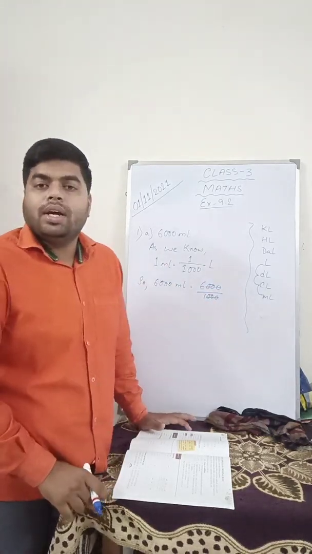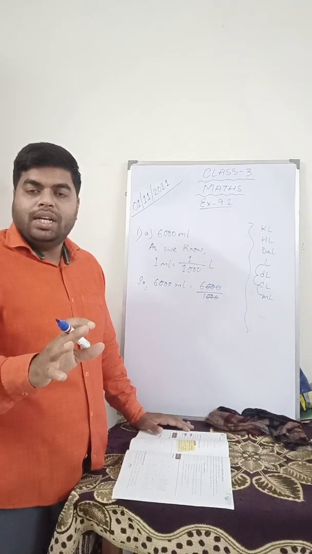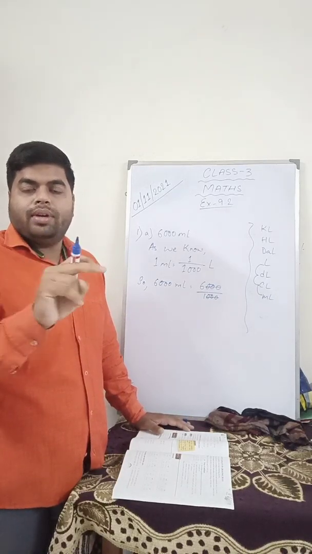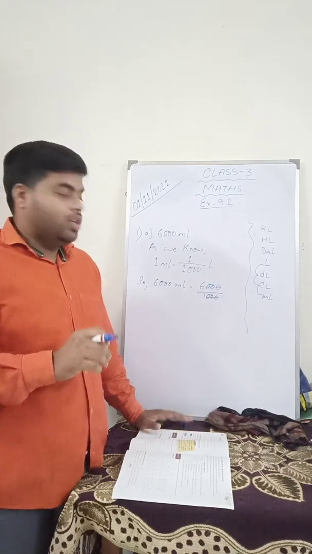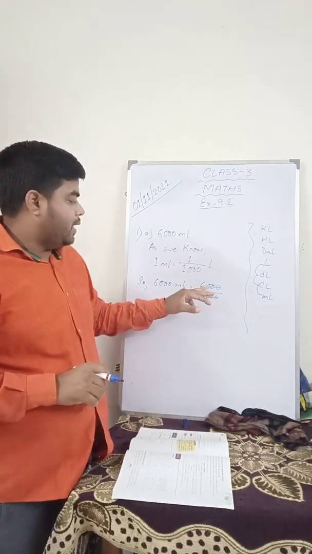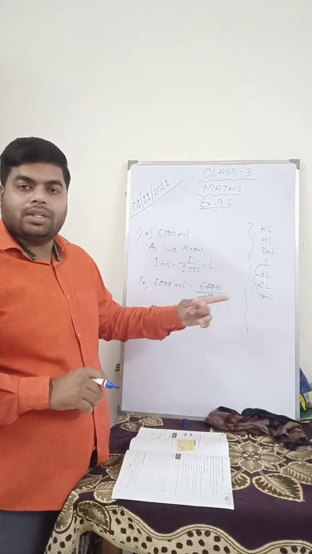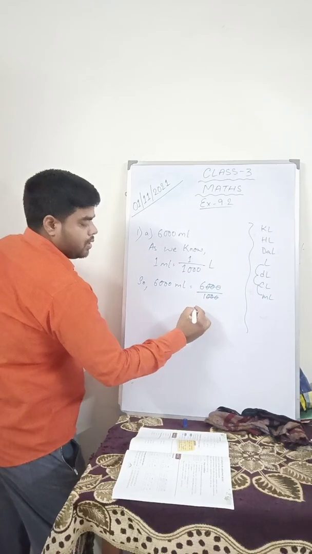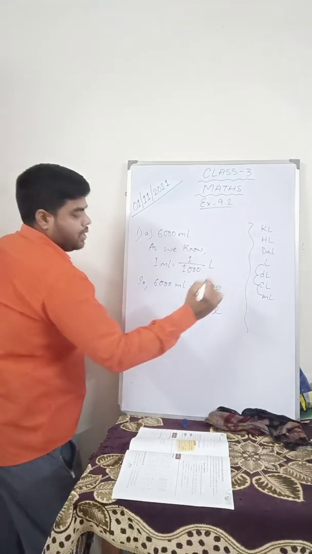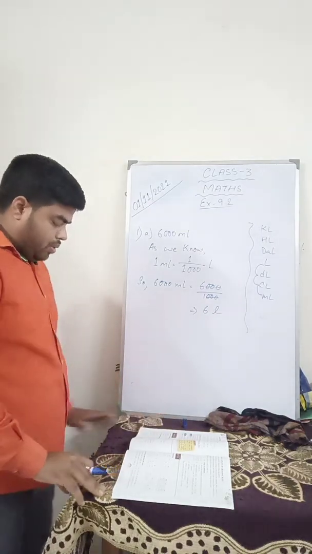You can only cancel if the zeros are at the last. You cannot cancel the zeros in between the number. So 3 zeros you have at the bottom in the last, and 3 zeros at the top are also at the last. So what is remaining? 6, and this is liter. So I hope you have understood. Let me show you one more.